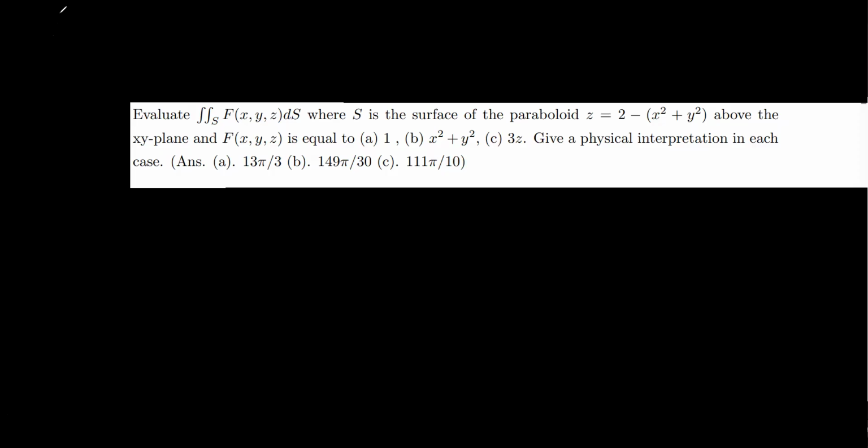In 34, you have to evaluate the integral of F, a vector function in x, y, z, over dS, the surface of the paraboloid. What is the paraboloid? z equals 2 minus x square minus y square, above the xy plane, right?